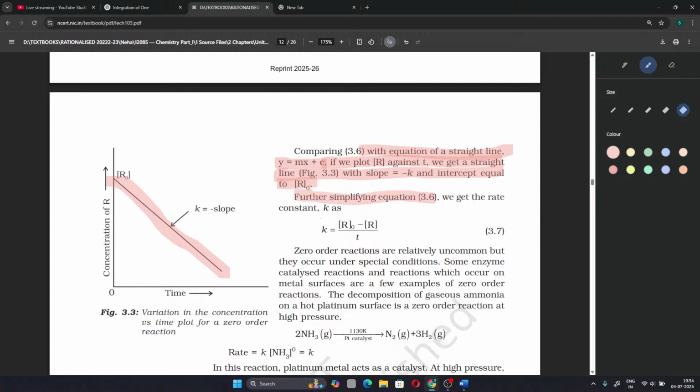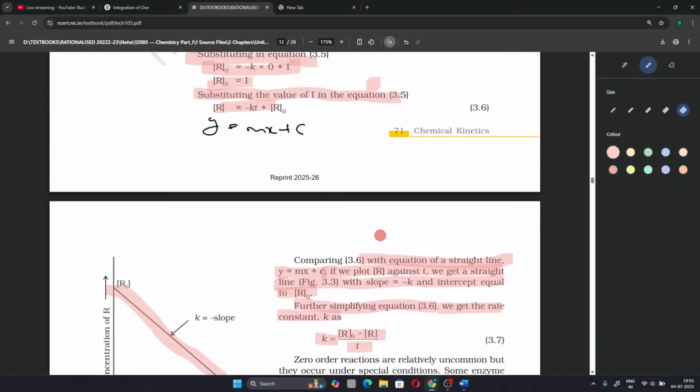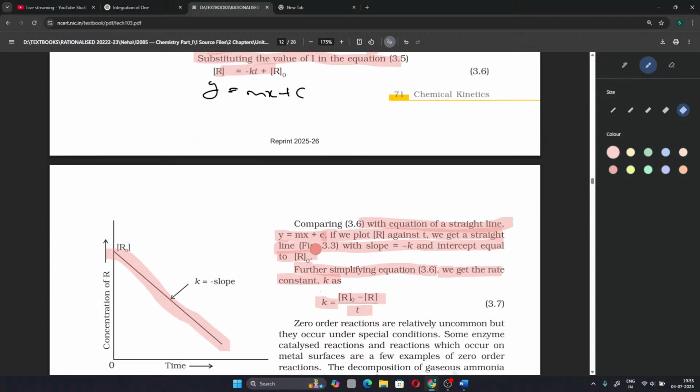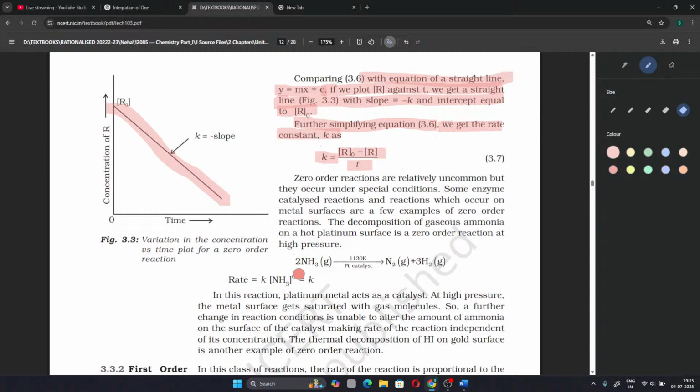Further simplifying equation 3.6, we get the rate constant k equals R naught minus R by t. From this equation, we get the k value as R naught, the initial concentration, minus R, the concentration of reactant at time t, divided by the time t.